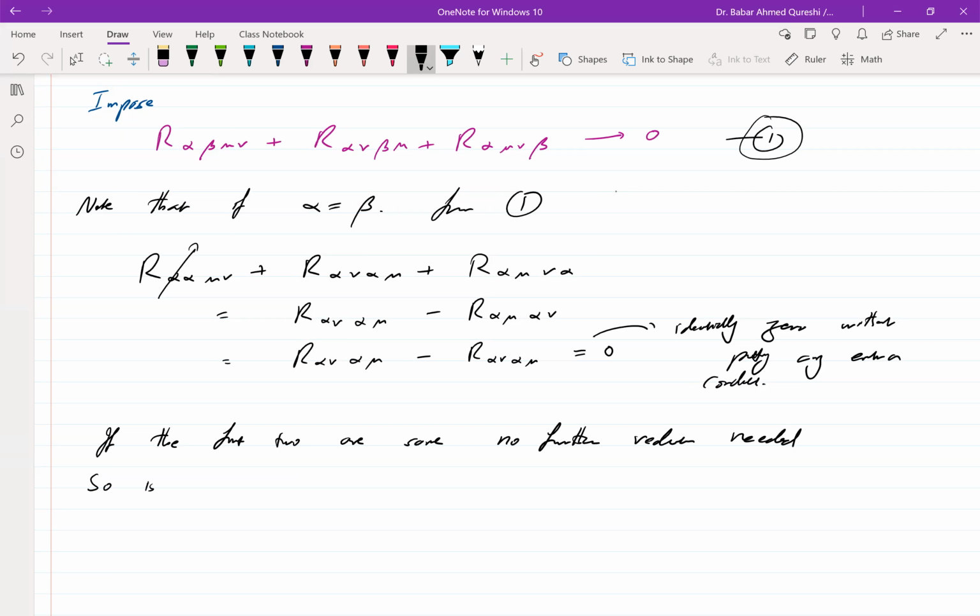So the same thing is true if any of the last two are the same.